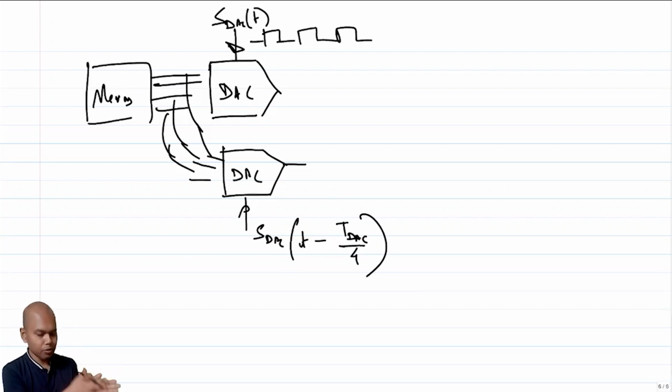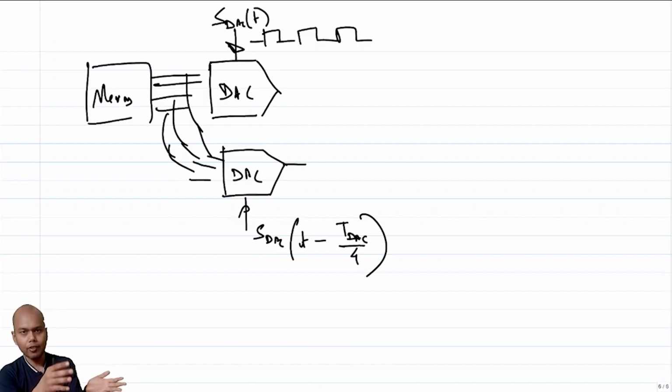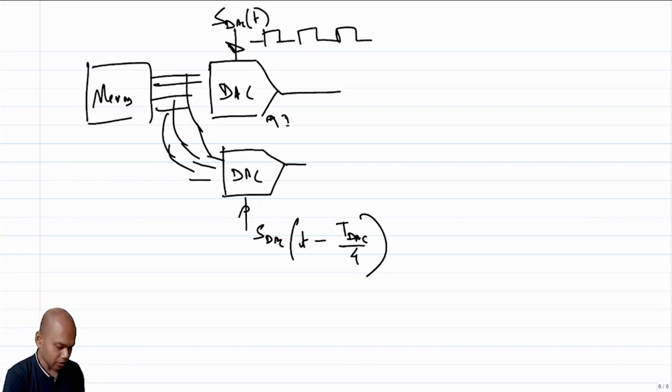If I modulate the input signal with a DAC which is driven by a sinusoid, and in one case I am multiplying with a sinusoid, in another case I am multiplying by a cosinusoid, right? So in case I do not have sinusoids, I have square waves. It is equivalent to saying I have one square wave which is quarter cycle delayed with respect to the other. So typically the nomenclature is, this is called IDAC, in phase DAC, and this is called QDAC, quadrature DAC, right?